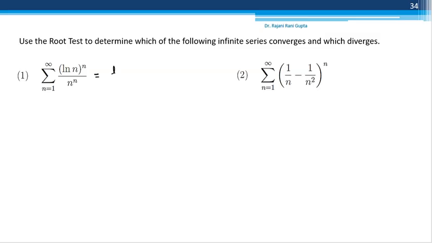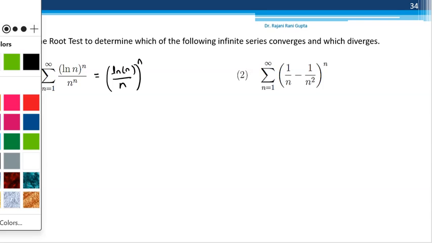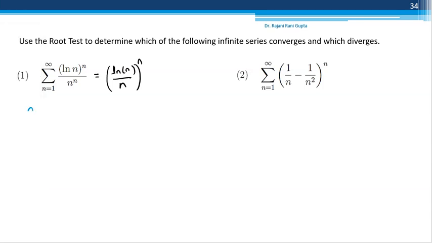You can simply write it as (ln n over n), this whole to the power n. So in this question, you will have a_n as (ln n over n) to the power n. For the nth root test, you have to find the nth root of a_n.